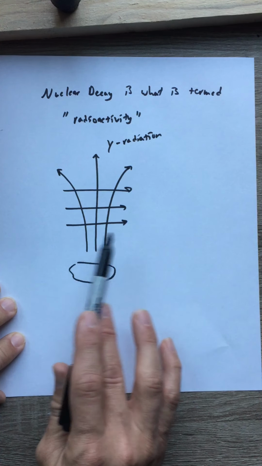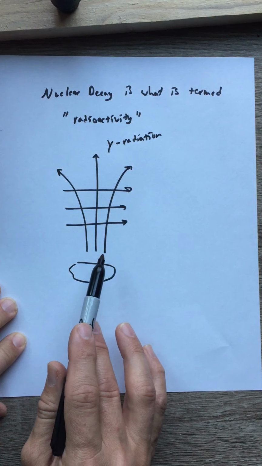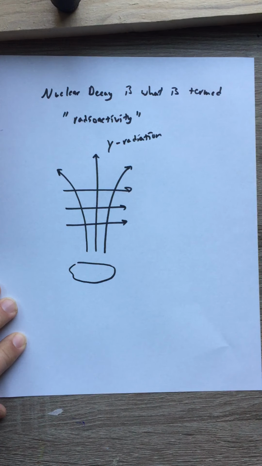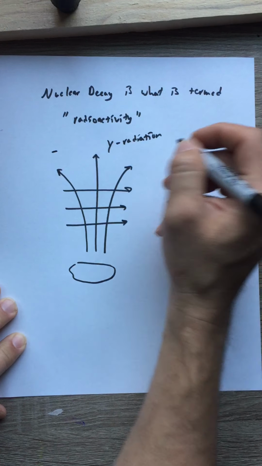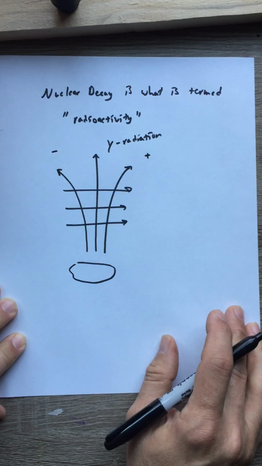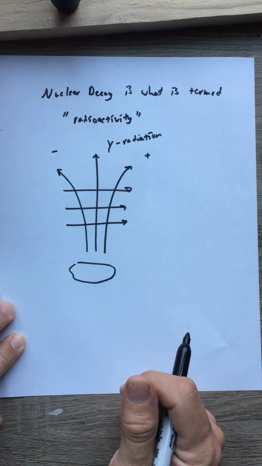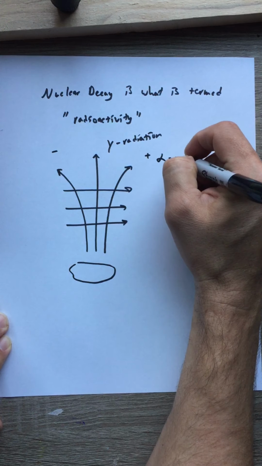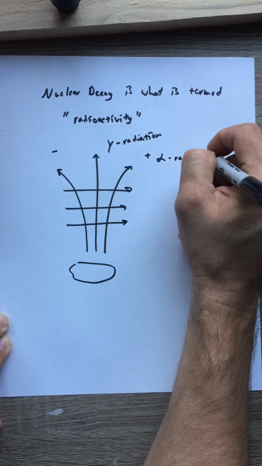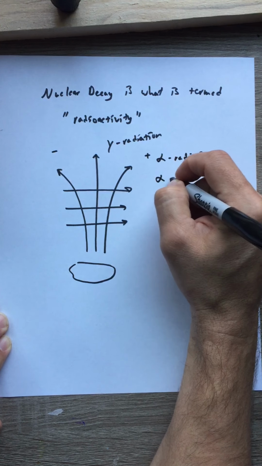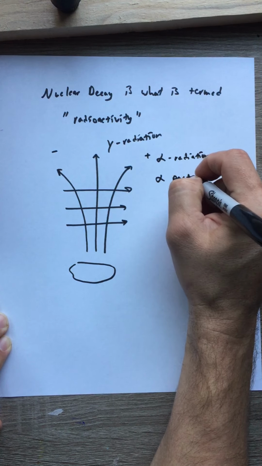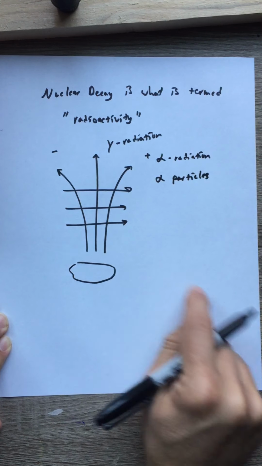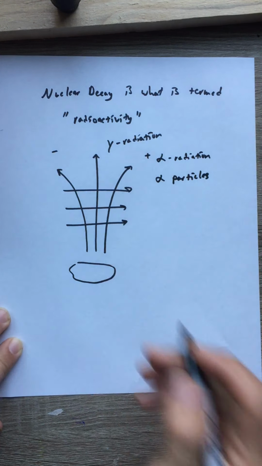What we're going to concern ourselves with mostly in this lecture are the two deflections. One, of course, would be negative and the other would be positive because they're deflecting different ways. They termed the positive alpha radiation. We can call it alpha particles because we understand that if it's deflected by a magnetic field, that means it's a charged particle.